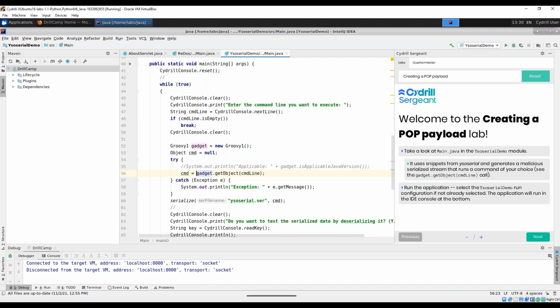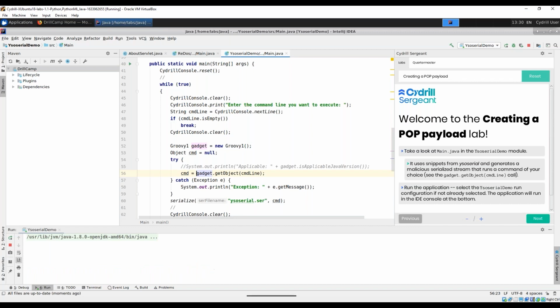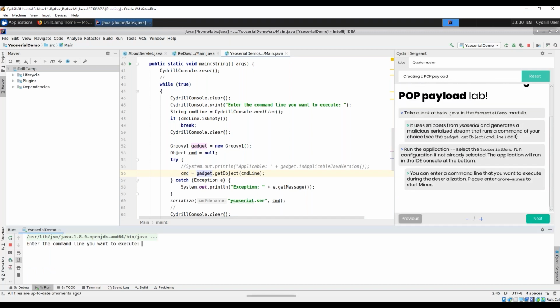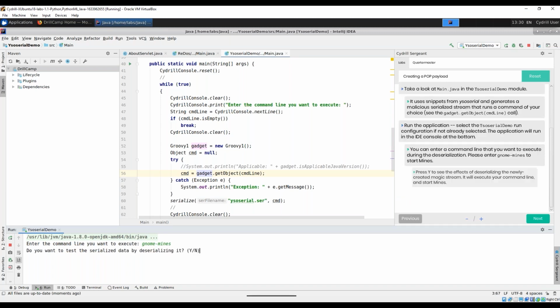So if I just go here and run this example, I will say that I want this object that I create to execute a command line which starts the gnome-mines program, which is the minesweeper program.